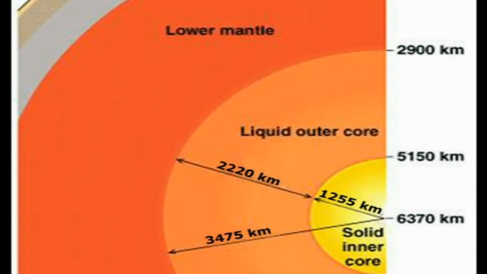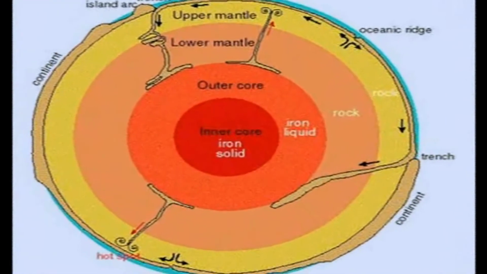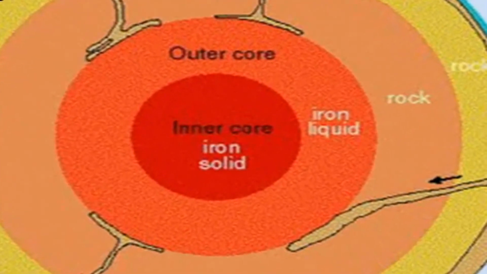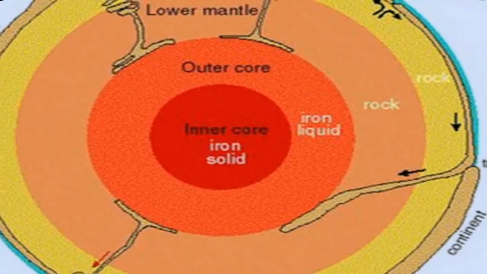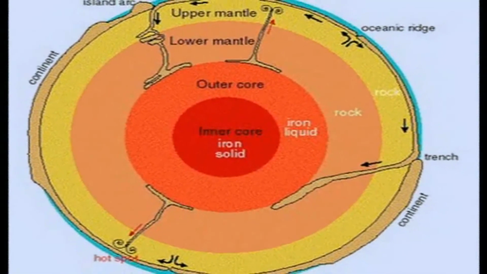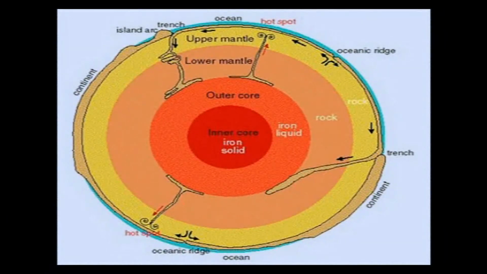Because of the abrupt change in the behavior of the earthquake waves upon reaching the outer core, it has been calculated that the outer core has the properties of a liquid, in contrast to the solid mass which surrounds the mantle. However, the innermost part of the Earth's core, with its 1,255 kilometers radius, may be solid or crystalline.